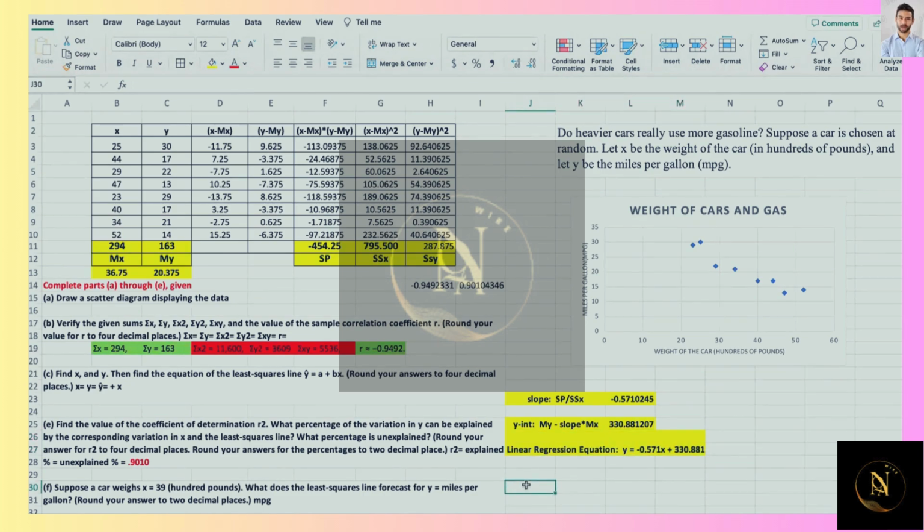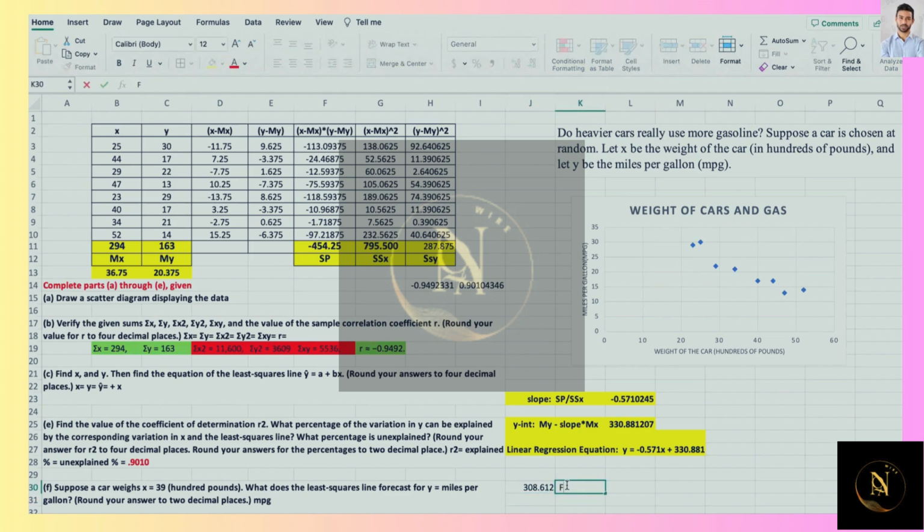So if x equals 39, then y equals negative 0.571 times 39 plus 330.881.